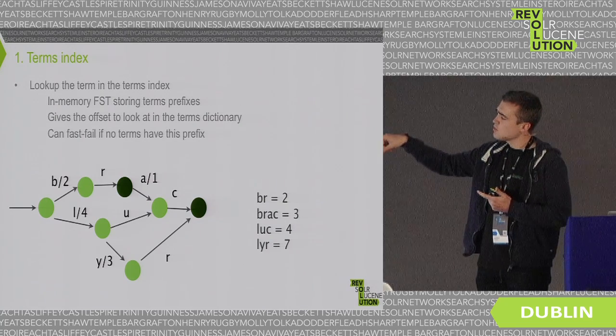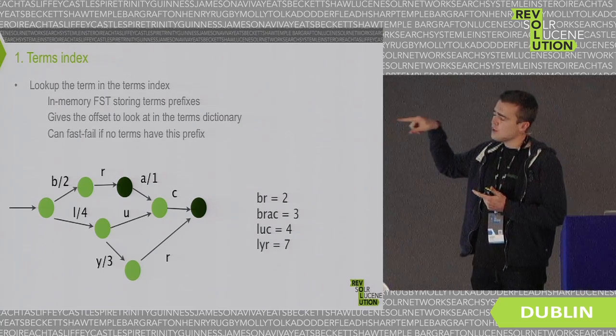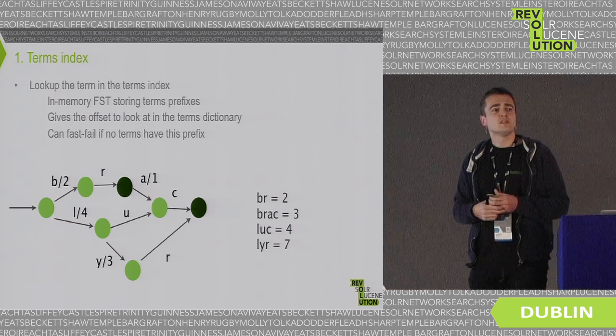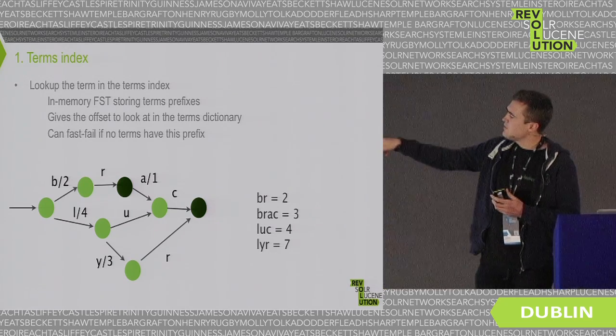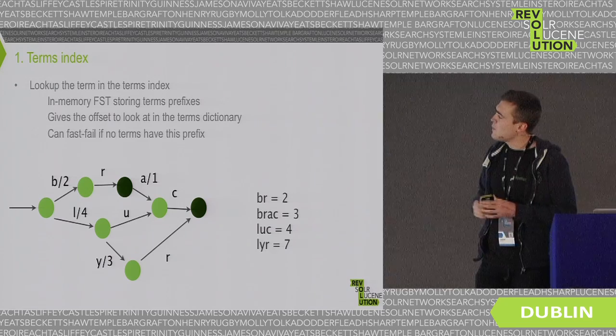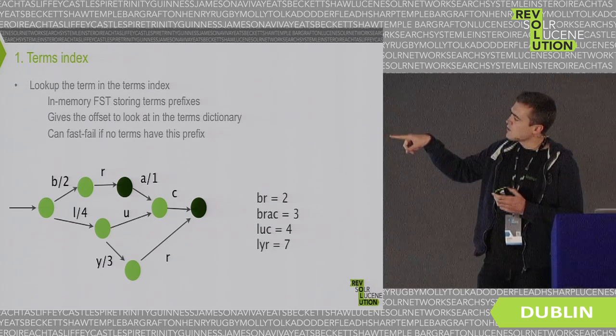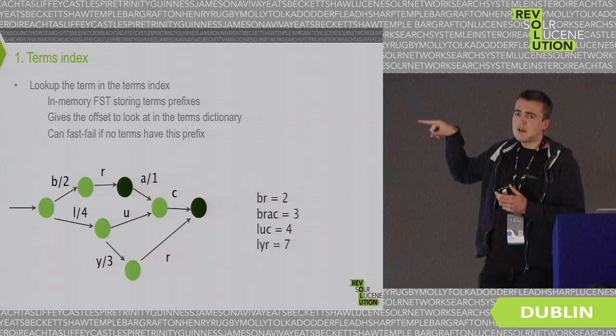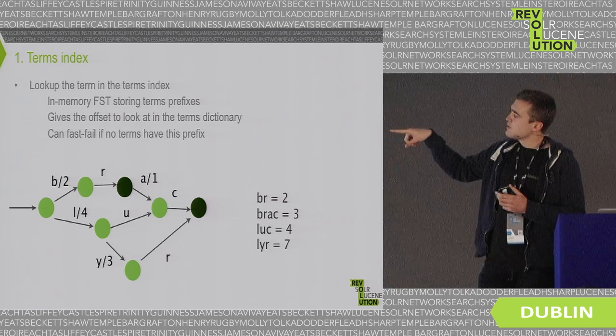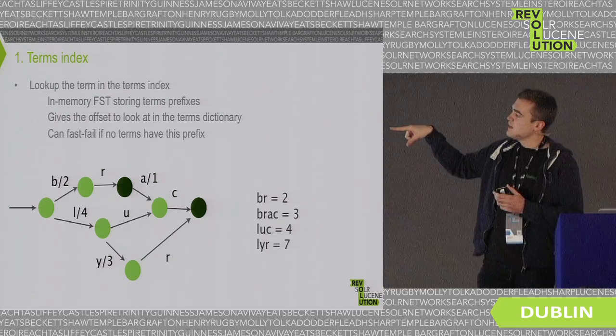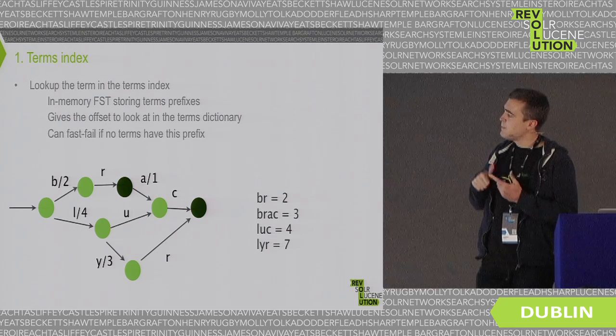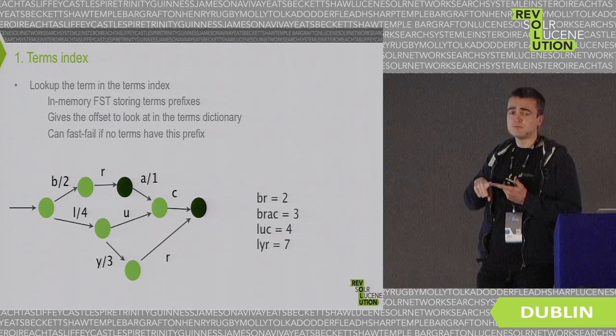When you go through the FST, you are going to sum up the weights of the arcs that you are visiting. So, for example, let's visit the upper part of the graph. We are going through B, then R. We accumulated a weight of 2, and we are on the final node. This means that there is one entry in this FST whose key is BR and whose value is 2.